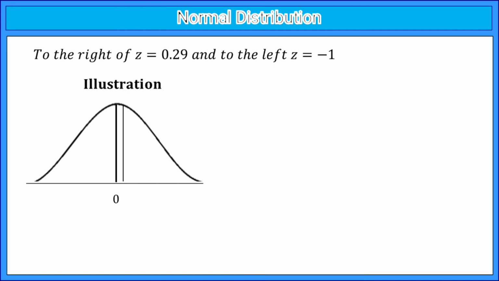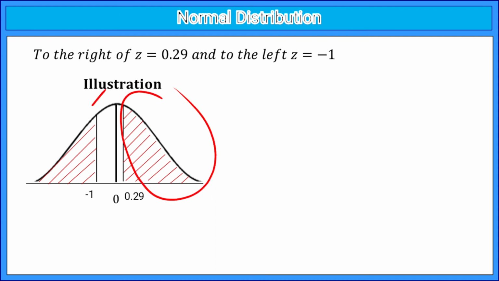We have 0.29 here in this part, and this will be the portion that we are looking for, because it mentioned that we have to the right of this z 0.29, and when we have z equals negative 1, it mentioned to the left. Just shade this one so that you will not be confused. Meaning we're going to get the area percentage of these two.